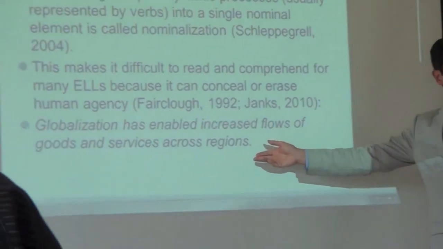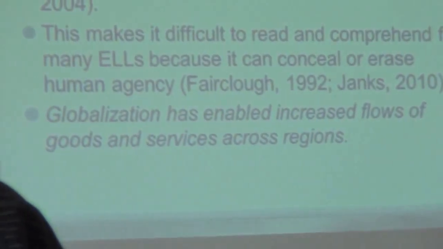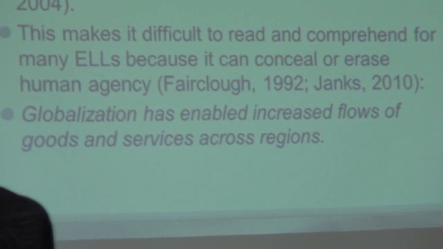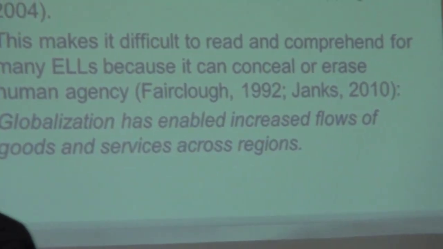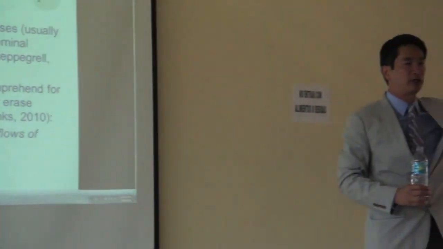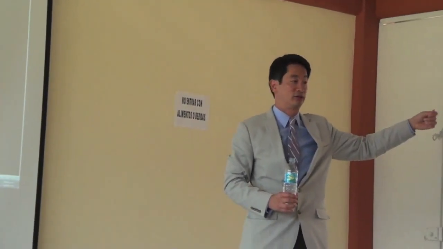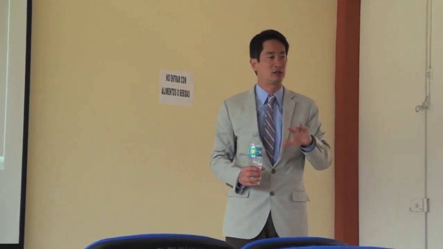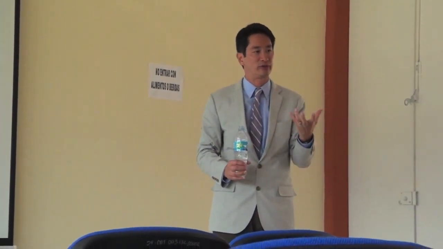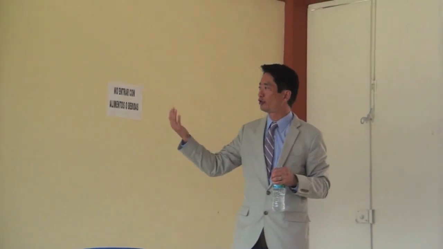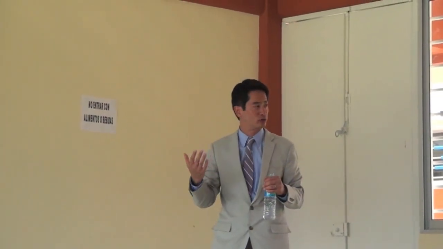Okay? So, again, who is responsible or who's involved in the selling or the exchanges of food products that people can easily grow here from another region, not only from another region, but from another country? Who's involved, this has all been erased. So when we use globalization itself, it makes it difficult for learners and readers to understand who's doing what.